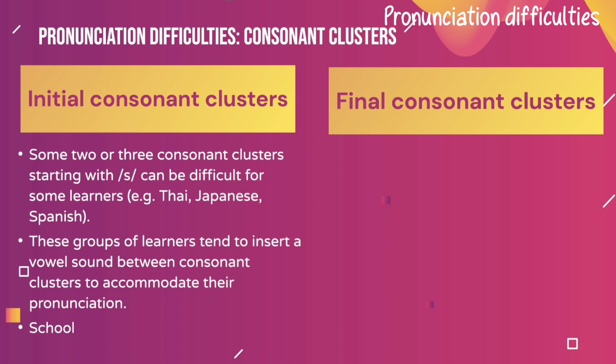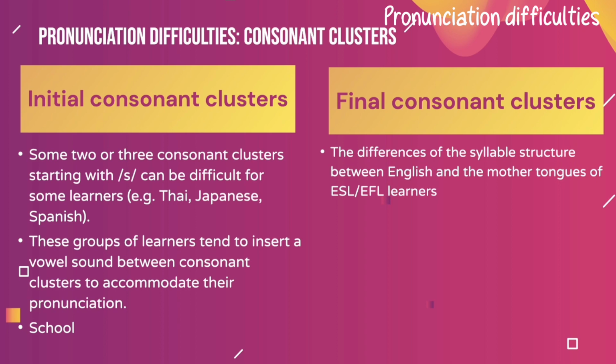And let's move to the final consonant clusters. For the final consonant cluster, the differences in syllable structure between English and the mother tongues of ESL and EFL learners could create difficulty through the grammatical endings.